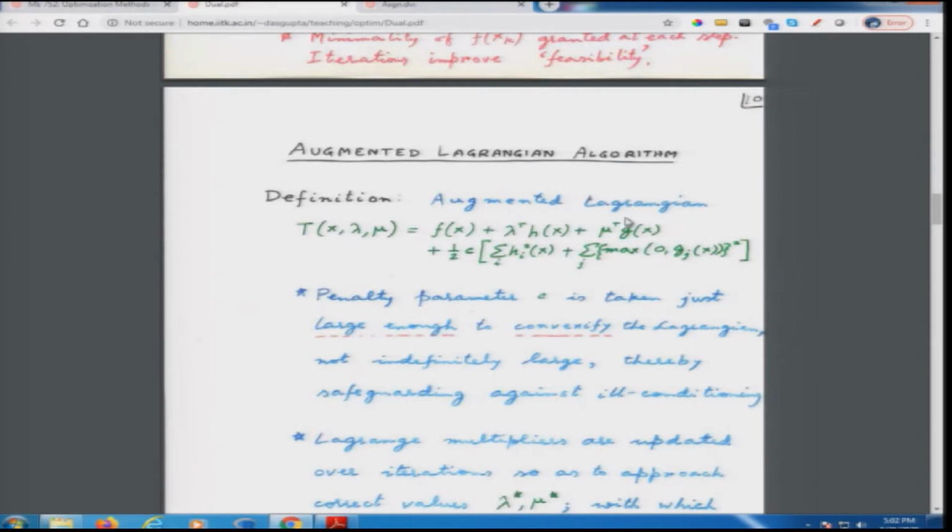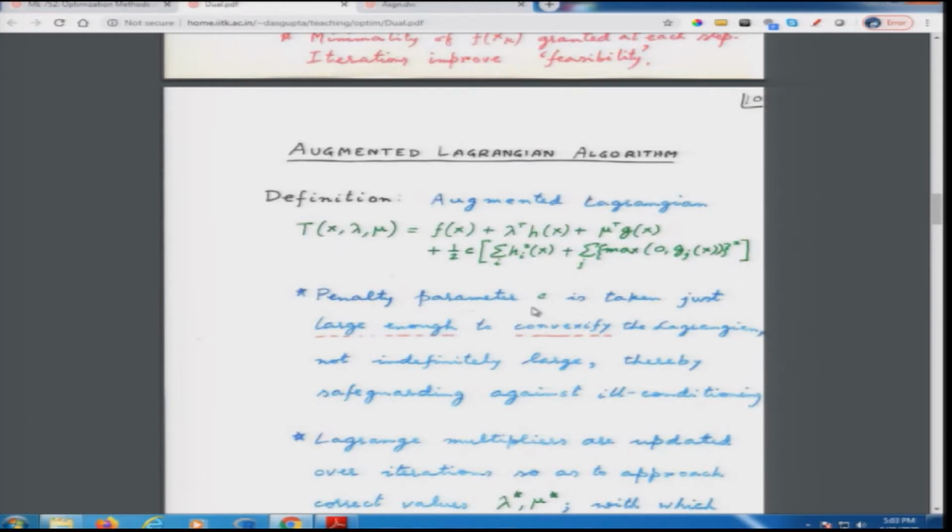In the augmented Lagrangian method, it is a finite C, not an indefinitely large C. An ordinary value of the penalty parameter, something like 4, 5, 10, 15, 12, may be sufficient. Okay. So, the penalty parameter C here is taken just large enough to make the Lagrangian convex. We can say, to convexify the Lagrangian.